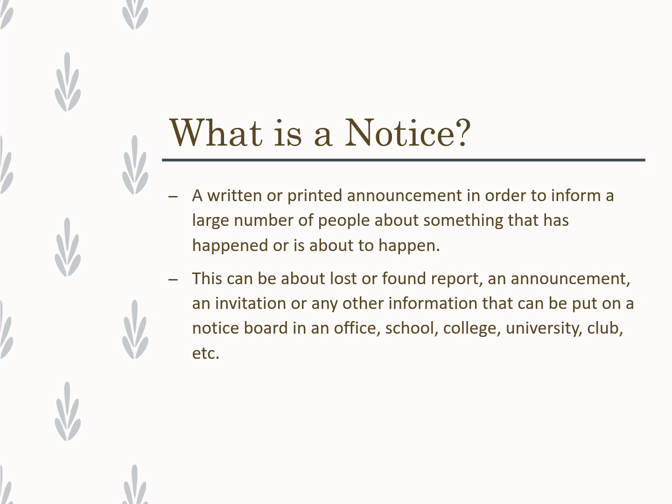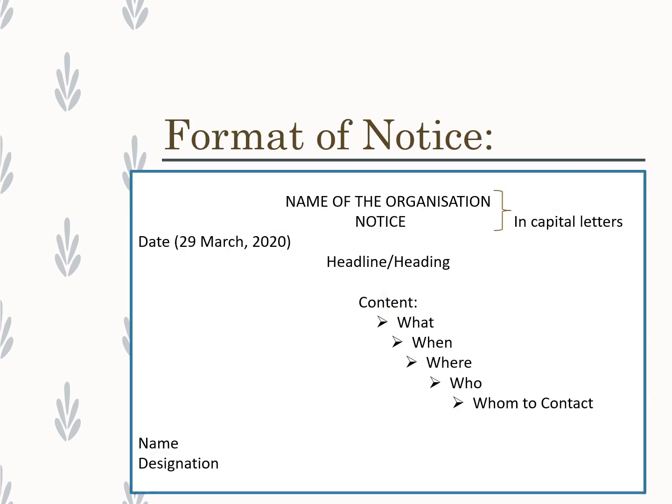Now let's move on to the next slide, which is the format of a notice. The first thing that we are going to write on the notice is the name of the organization, then the word notice. Then we put a date.